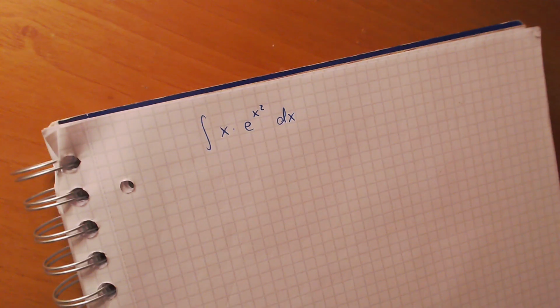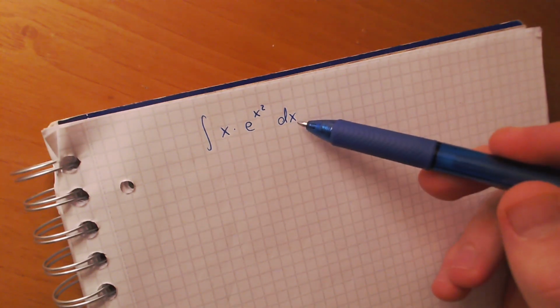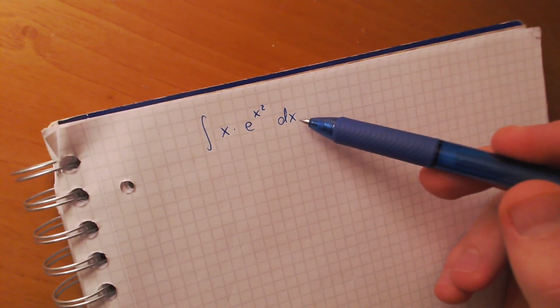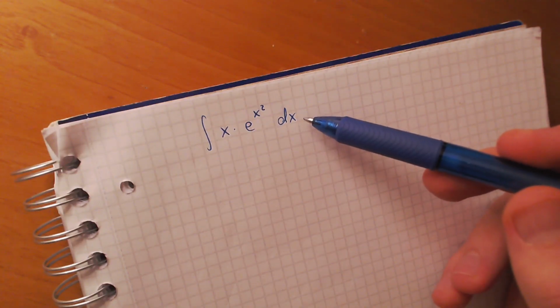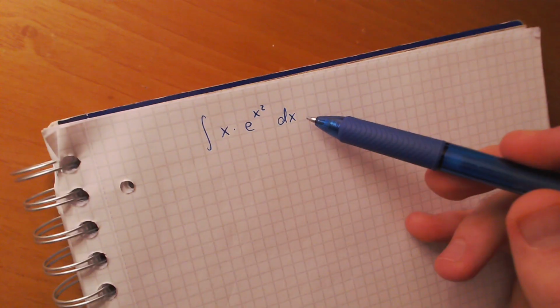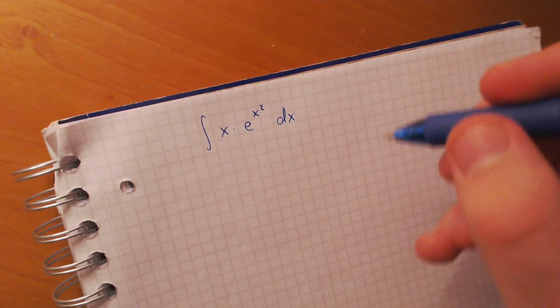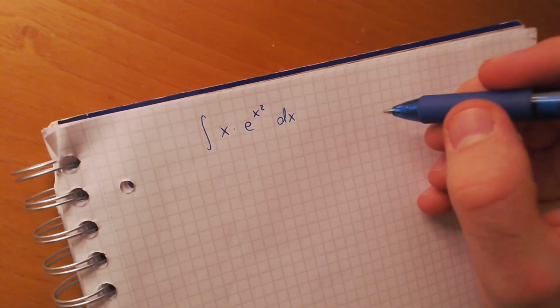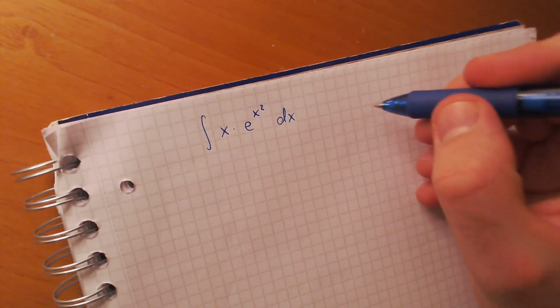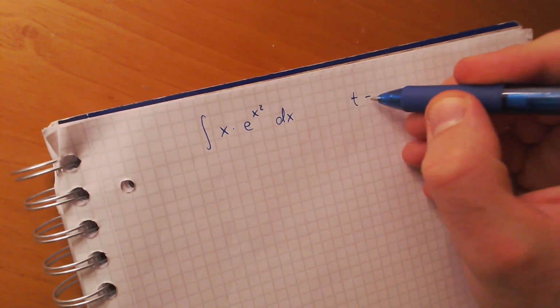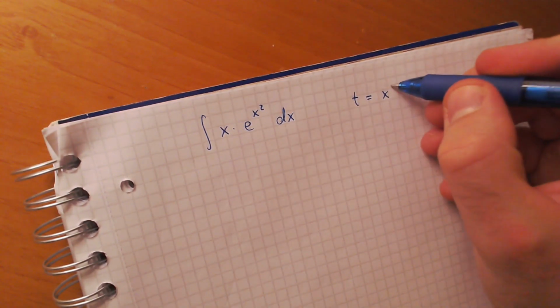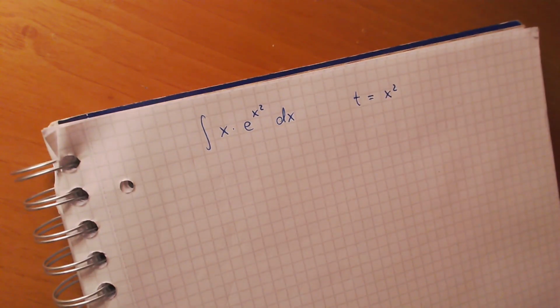So now the variable of the integration is x, obviously, but if we want to change, it is convenient to change the variable considering a new variable. Let's call it for example t, such that t is equal to x squared.